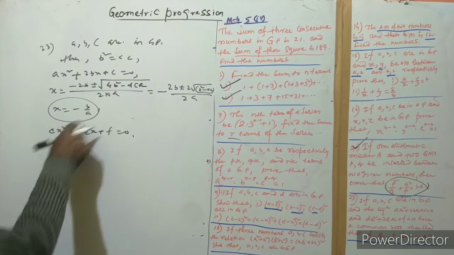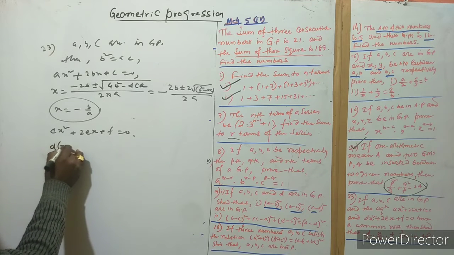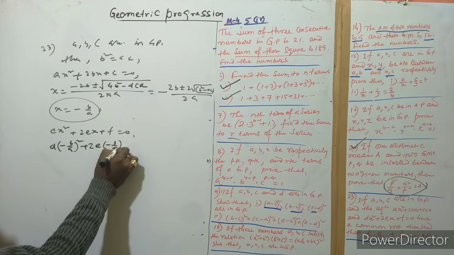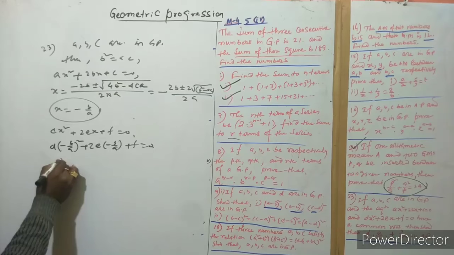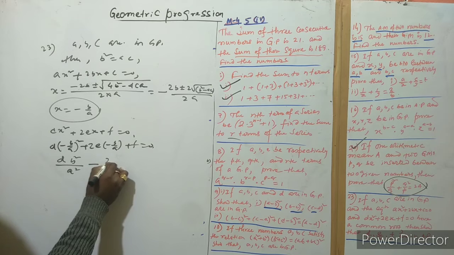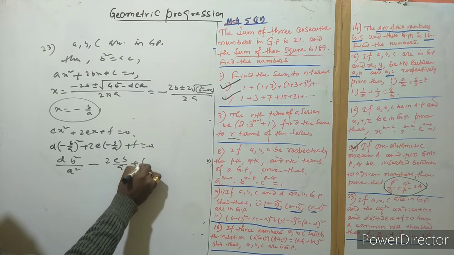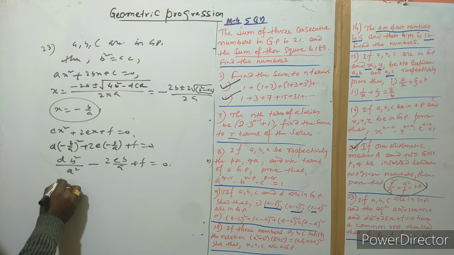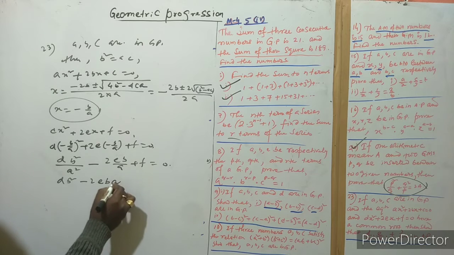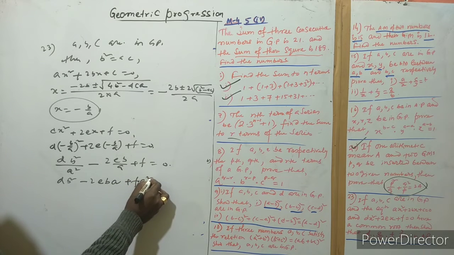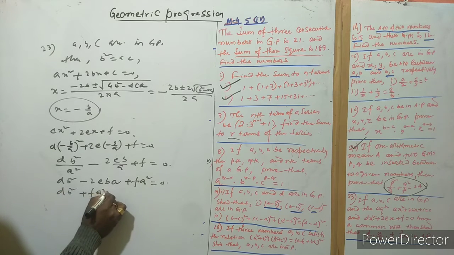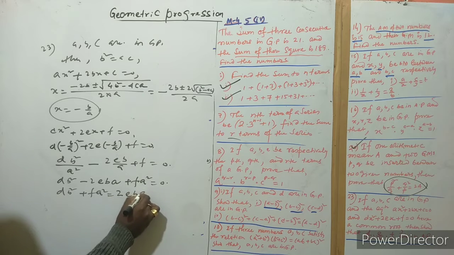So we can write d into minus b by a whole square, plus 2e into minus b by a, plus f equal to 0. So d into b square by a square, minus 2eb by a, plus f is equal to 0. Taking LCM, d b square minus 2eba plus f a square is equal to 0. So d b square plus f a square is equal to twice e b a.